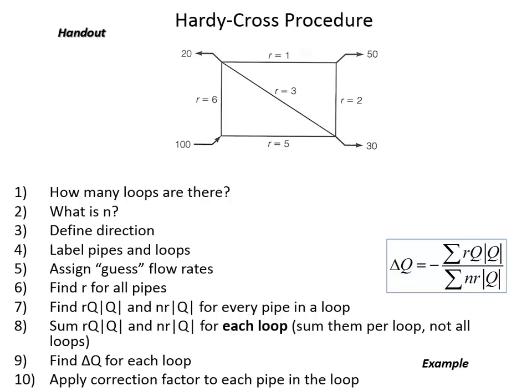I'll put the pipe name, the n value, R, Q, and then R times Q times the absolute value of Q, N times R times the absolute value of Q, and then delta Q and a corrected Q.